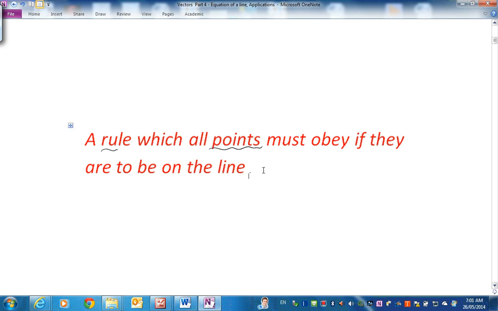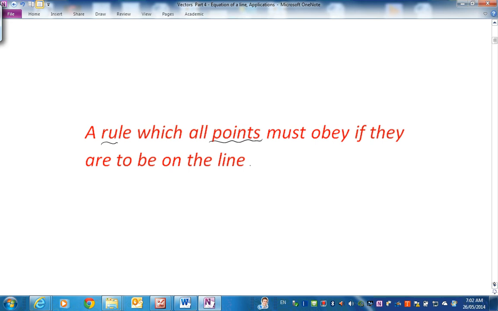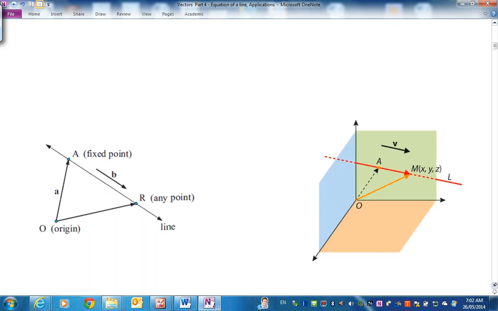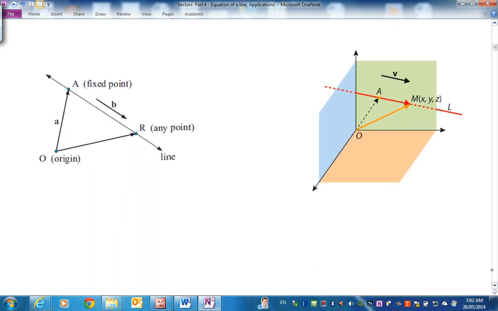So we're going to try to describe a rule in vector land so that we can detect whether points line up. Okay, let's have a look then. Here's a couple of diagrams for you. Over here we've got 2D, just a flat surface as before. And over here we've got 3D.